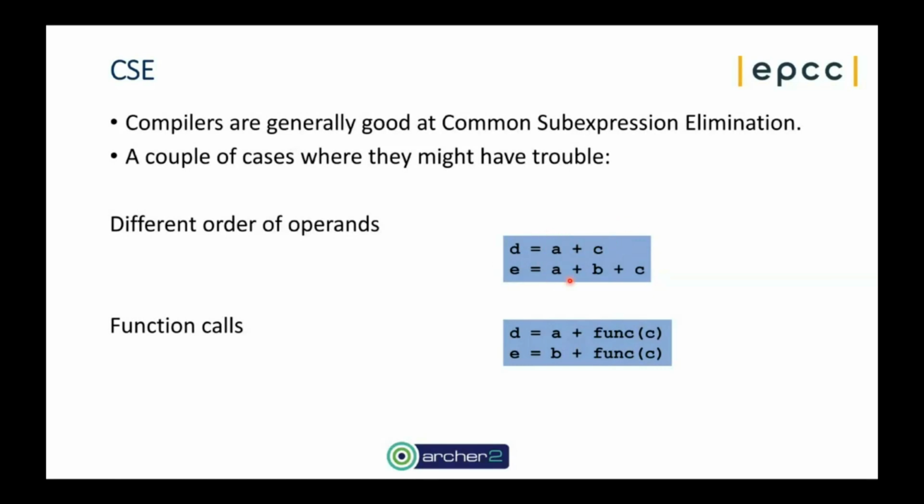So compilers are quite good at seeing these things, except when you get into scenarios like this, where the order of the operations, or the order of a variable combination, has changed inside your program, but is still effectively doing the same thing.